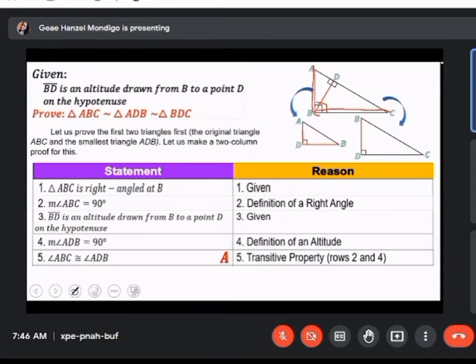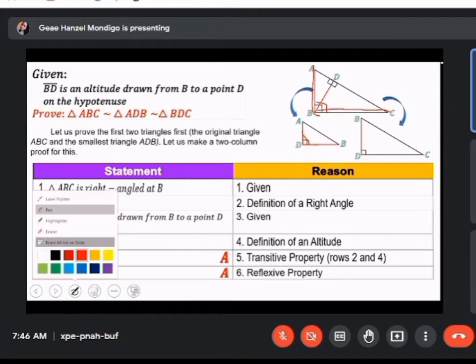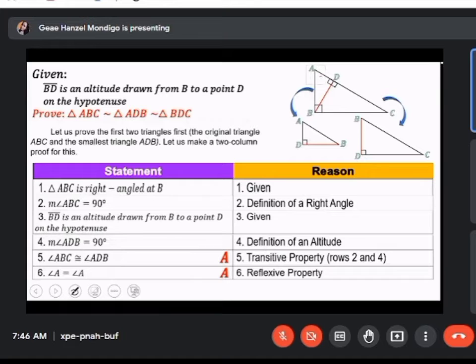Now, our angle A is just equal to our angle A. Next, our triangle ABC is similar to our triangle ADB, according to the AA triangle similarity theorem. So we have proved here that the original and our smallest triangle are similar, right?